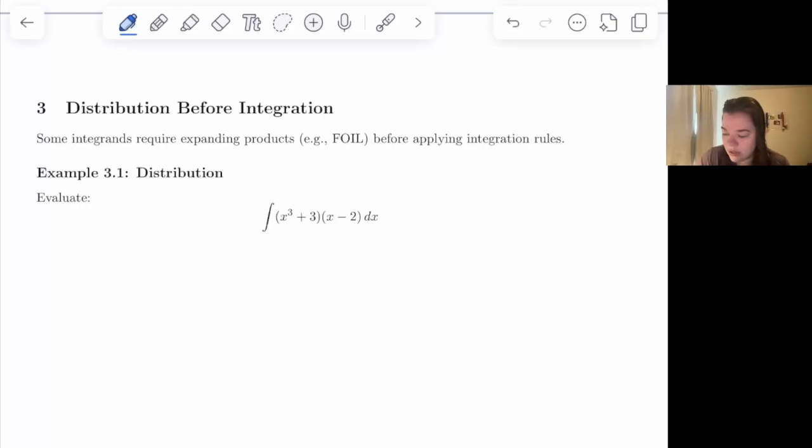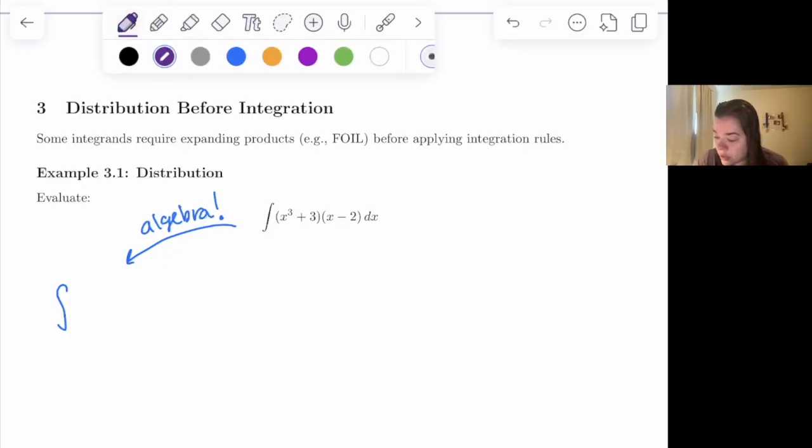What do we do? Algebra simplification. It takes wisdom though, right? You have to look at this problem and say, oh, I can use the distributive property, or if you use the word FOIL, whatever word you use, and clean this up. So what I'm going to do is distribute.